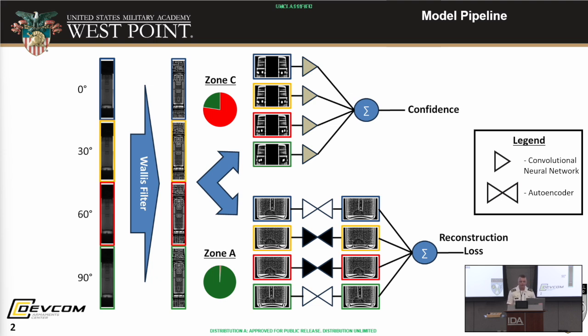The hope is that if we train this autoencoder on all clean munitions and then put a defective one through it, there's going to be a high degree of loss because the autoencoder hasn't seen an example like this, and it will throw a very high reconstruction loss. And again, we're going to use an aggregation function across all 4 of those views to give a label for zone A in this example.